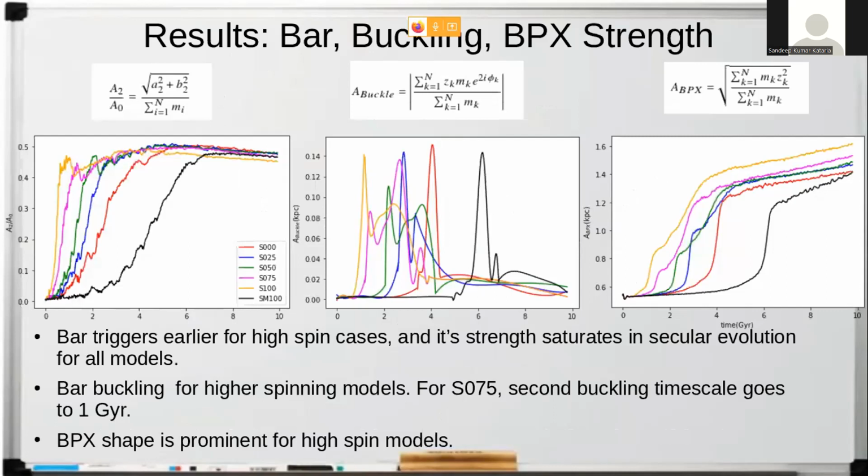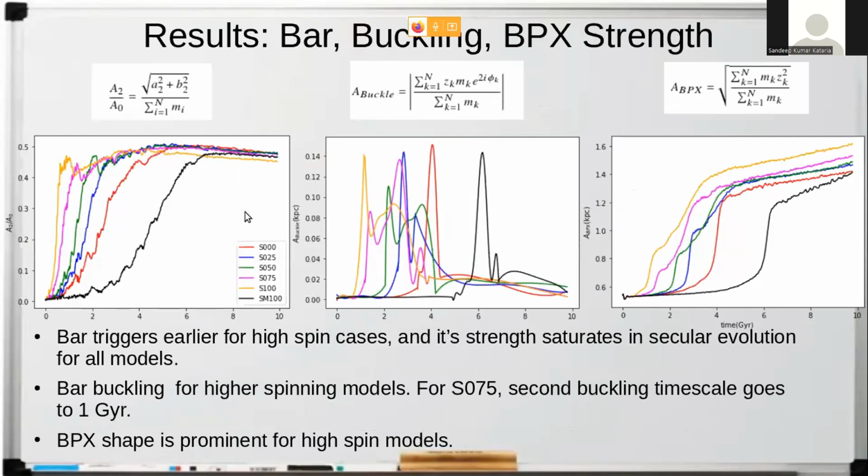Then we also see the effect on the time evolution of our models, and these are quite detailed plots. The left one shows the bar strength, which is the m equal to 2 Fourier mode. You can see that if the halo rotating around the disk is rotating faster, then you form the bar earlier, which is shown in previous work also.